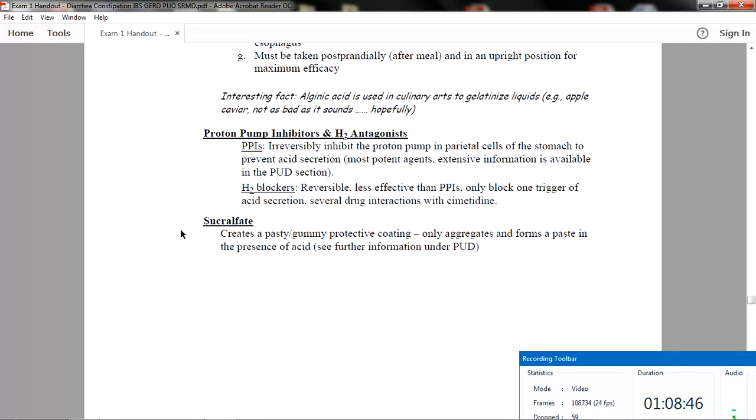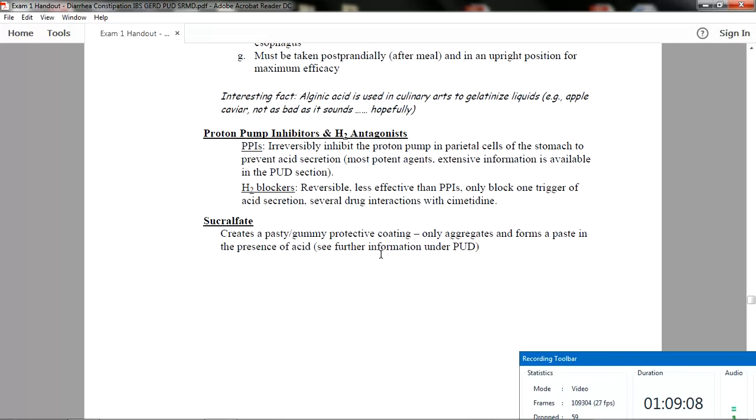And again, sucralfate, I mentioned briefly. Earlier I mentioned that it creates a pasty, gummy protective coating. Just like I said, it can coat gastric ulcers. Sucralfate can also coat esophageal ulcers. So if you have an open, active ulcer there, it can coat that.